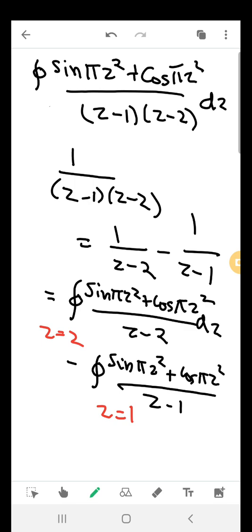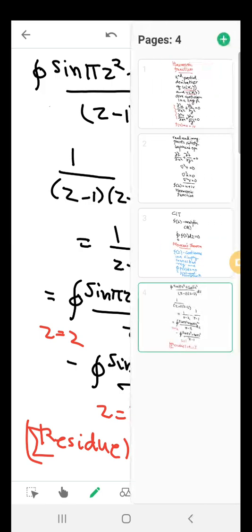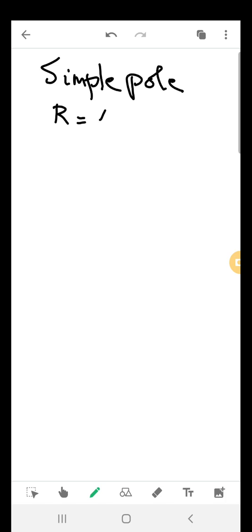So by the residue theorem, the sum of the residues into 2 pi i is equal to the value of the integral, and the residue for simple poles is equal to the limit as z tends to a of (z minus a) f(z).